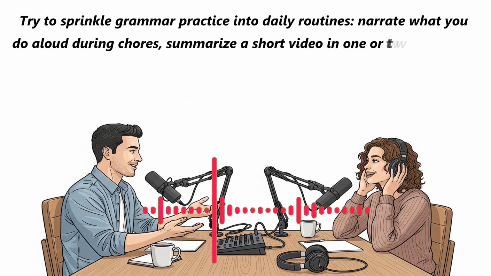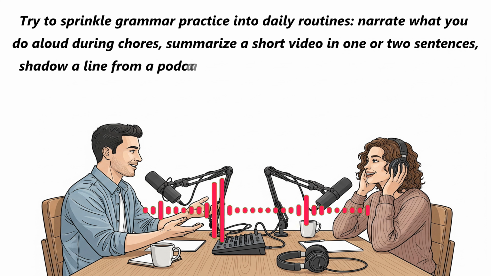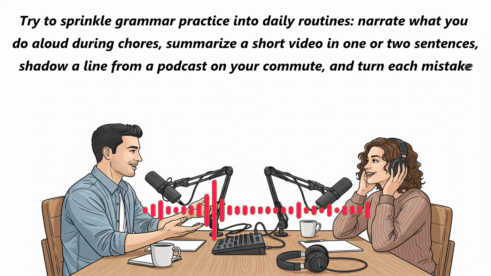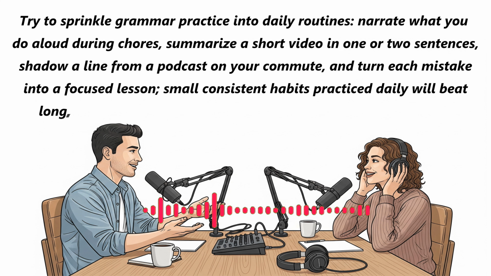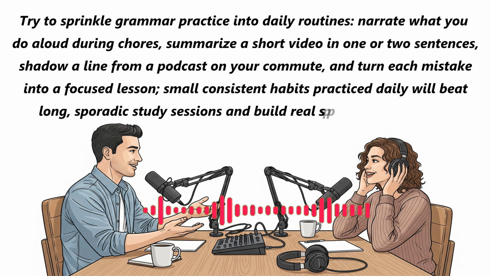Narrate what you do aloud during chores, summarize a short video in 1 or 2 sentences, shadow a line from a podcast on your commute, and turn each mistake into a focused lesson. Small, consistent habits practiced daily will beat long, sporadic study sessions and build real speaking confidence.